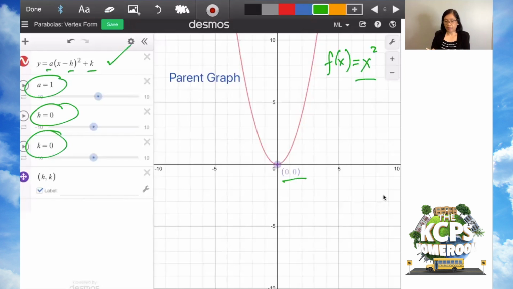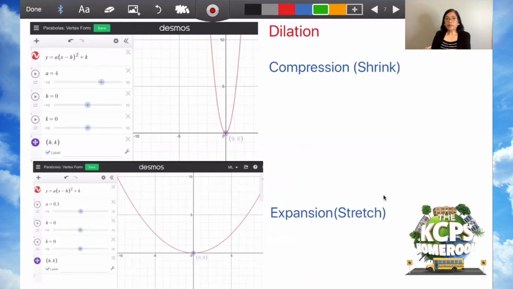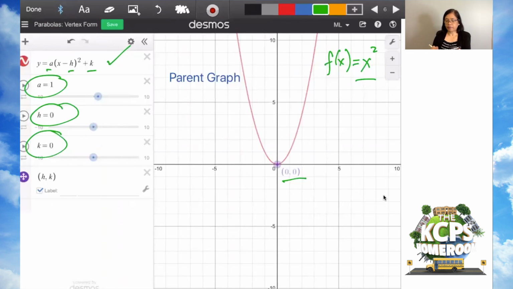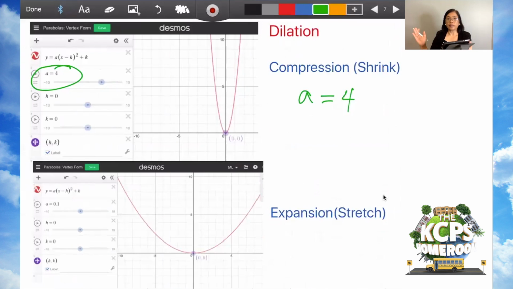Okay, this is our parent function again. So let's look at these two graphs and let's look at the parameters. When I change the value of a from 1 to 4, so in this case, a is equal to 4, notice that the graph, compared to the parent function here, shrinks.